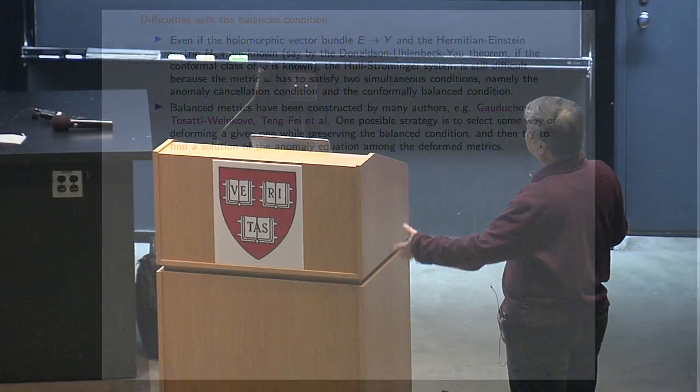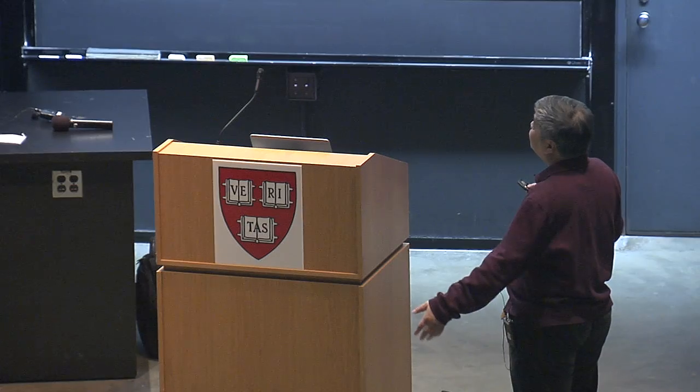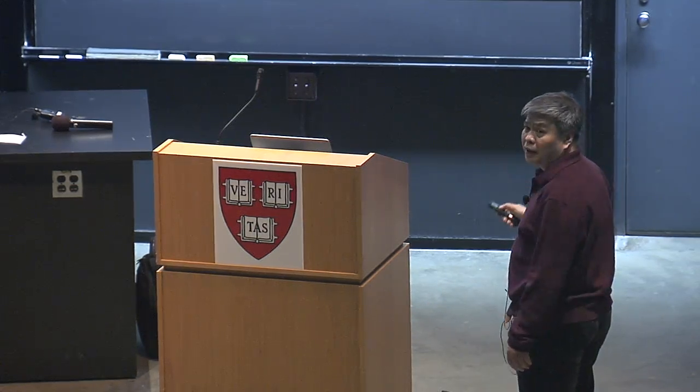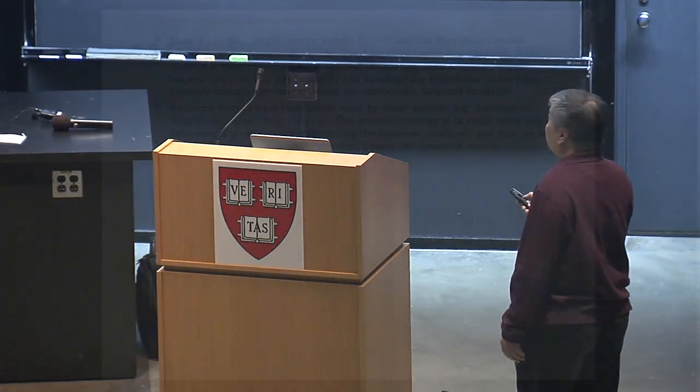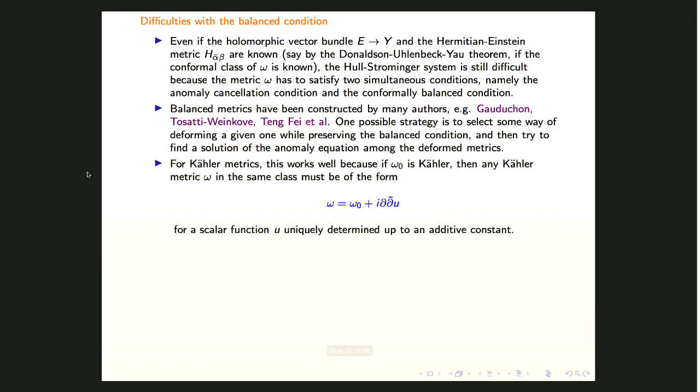And among those deformations, try to solve for one that satisfies the other equation. In effect, that's what one does for Kähler metrics. Because if one looks for a Kähler metric, one picks a reference metric which is Kähler, deforms it by a potential like this, and tries to rewrite one's equation as an equation in u.